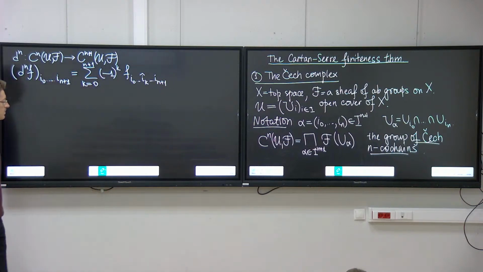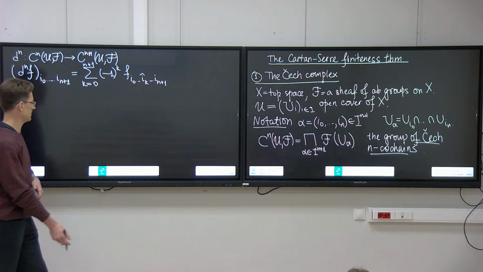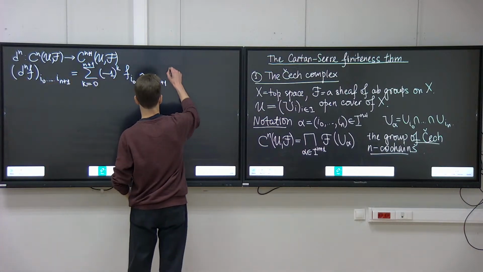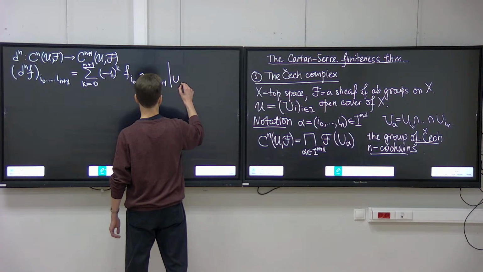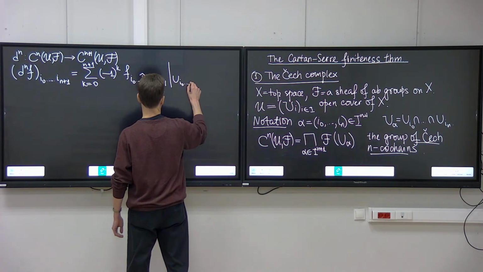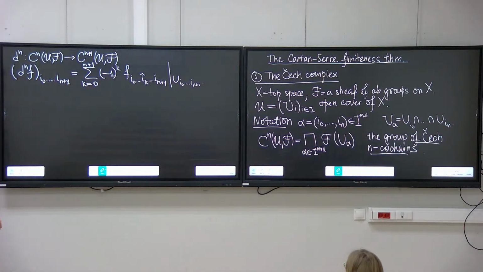So after we throw ik away, we get an n plus 1 tuple, so this is well defined, and we get the alternating sum restricted to the respective set U_i0...i(n+1).